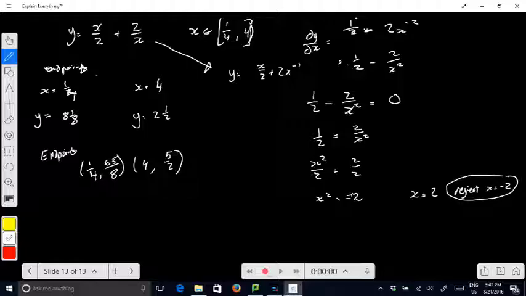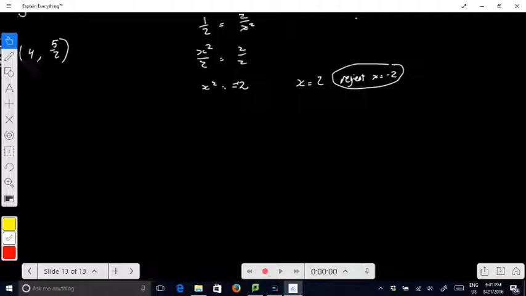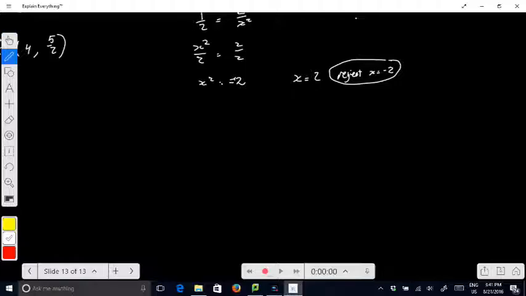So we reject x equals minus 2. So what happens at x equals 2? I get y equals 2 over 2 plus 2 over 2, so equals 2. So therefore 2 comma 2 is a stationary point.